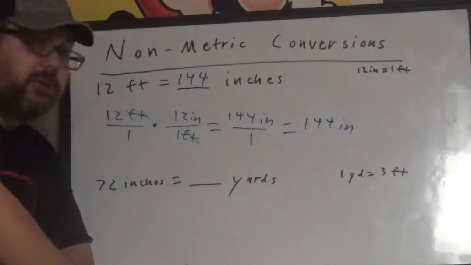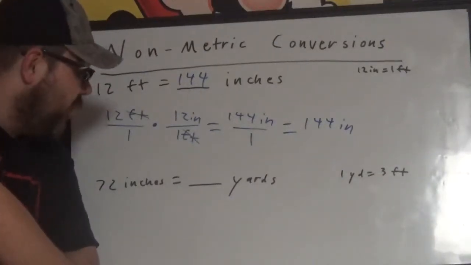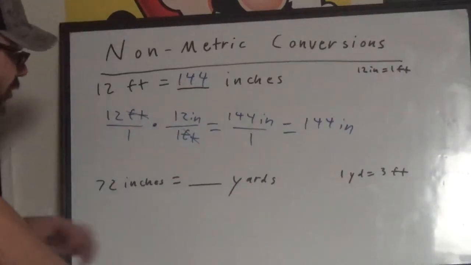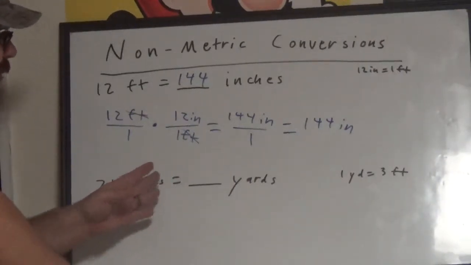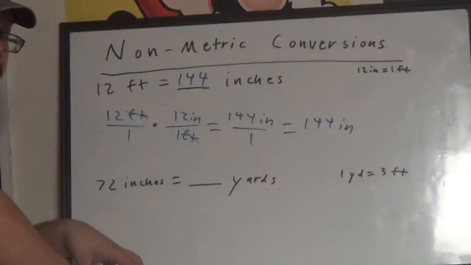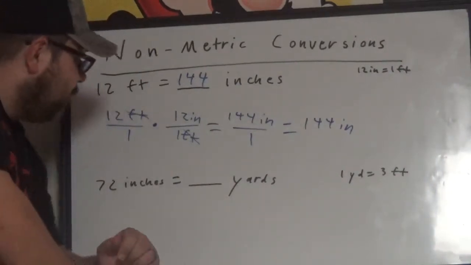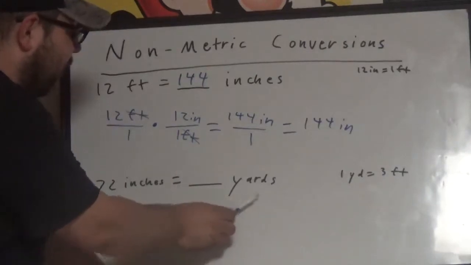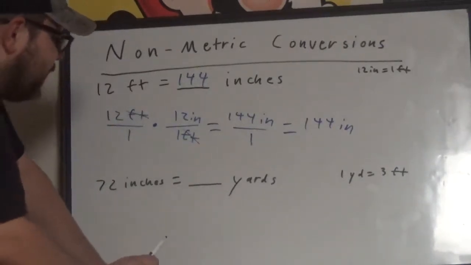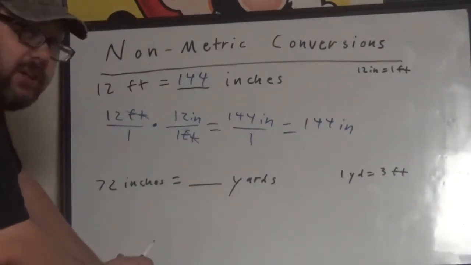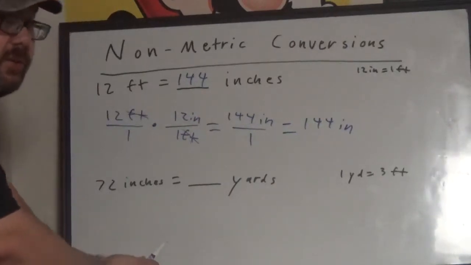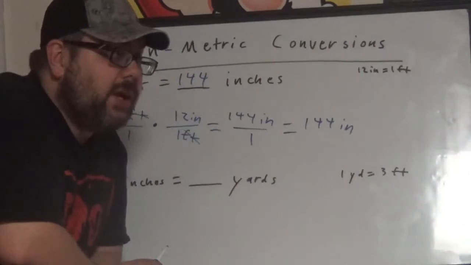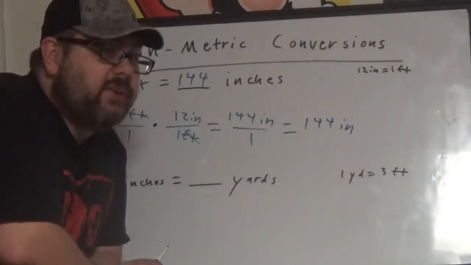Now that one probably looks pretty easy, and it is easy. Well, what about when we need to do two unit conversions? In this example, we have 72 inches equals blank yards. Let's say someone tells you that a team needs 72 inches for a first down, and you're like, okay, I don't know what that means.